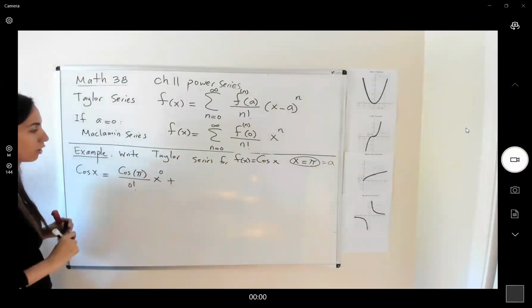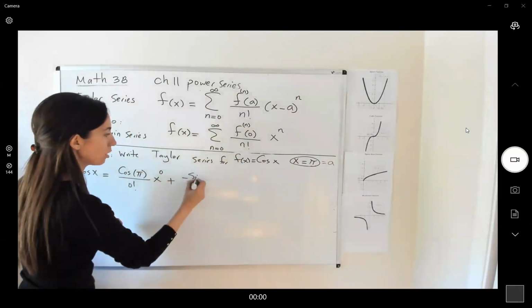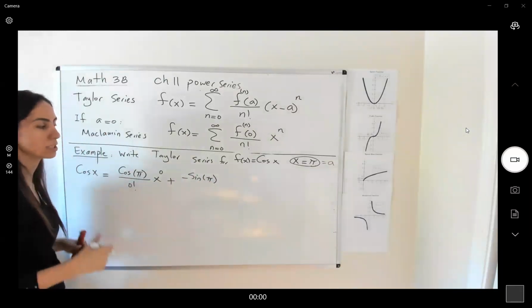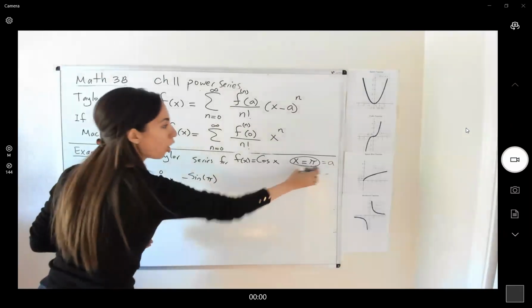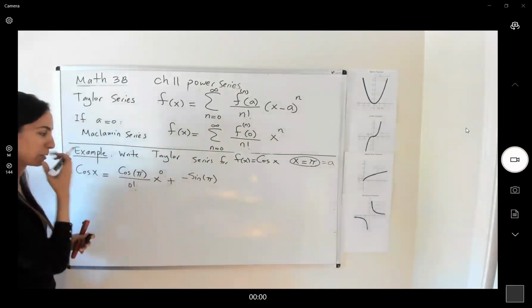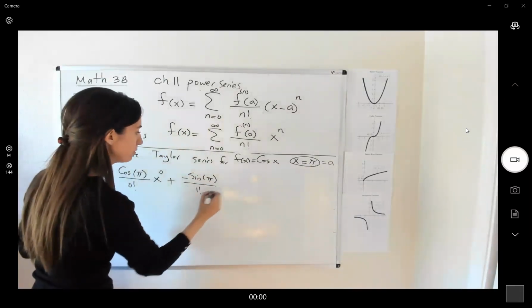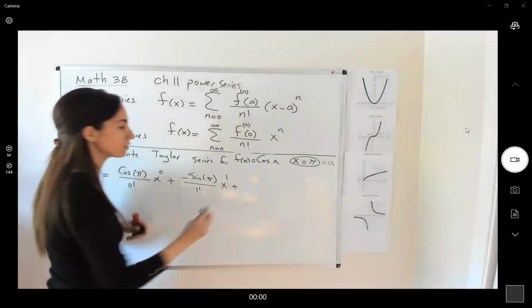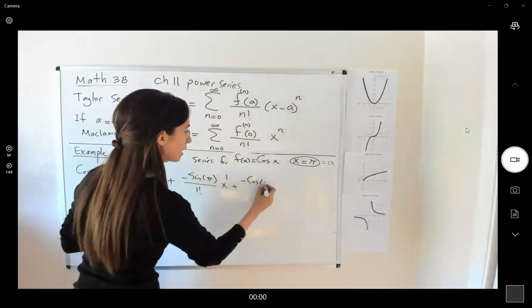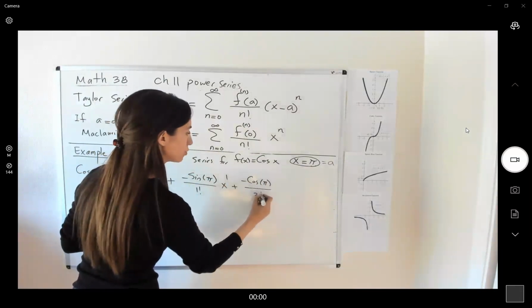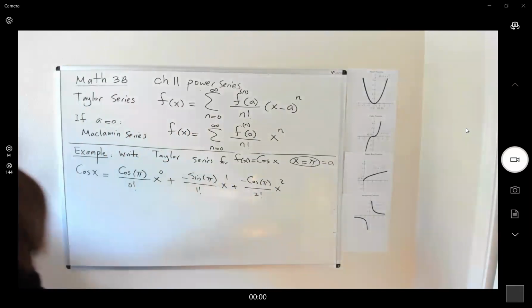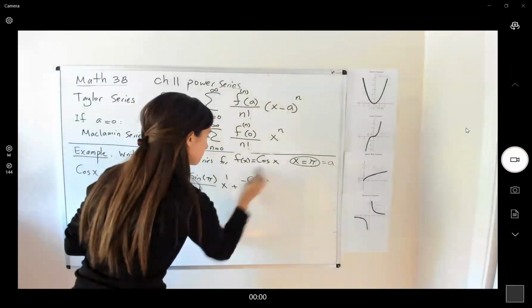The derivative of cosine is minus sine at pi. Instead of having 0, you just keep substituting pi for your x. Divided by 1 factorial x raised to the first term. Plus, the derivative of negative sine is minus cosine at pi divided by 2 factorial x to, sorry, here we get x minus pi.